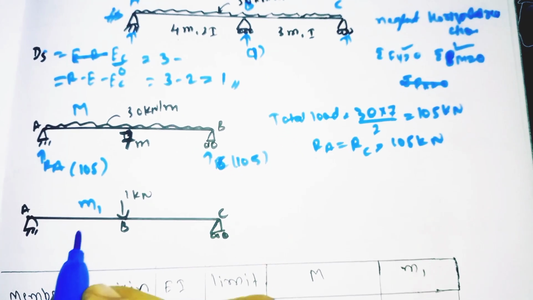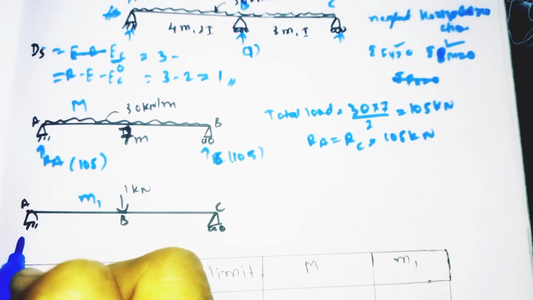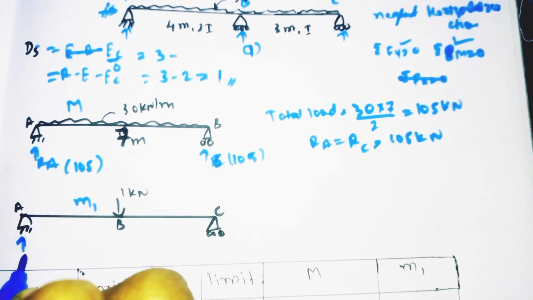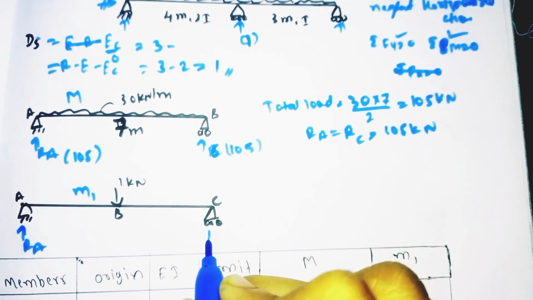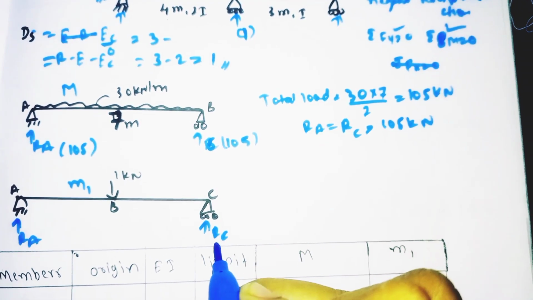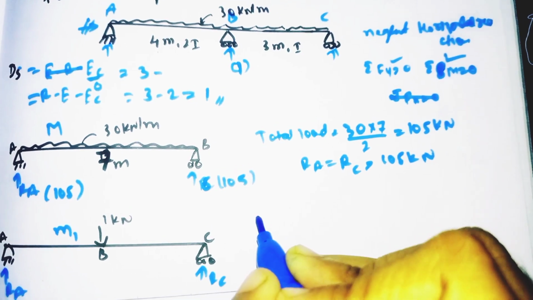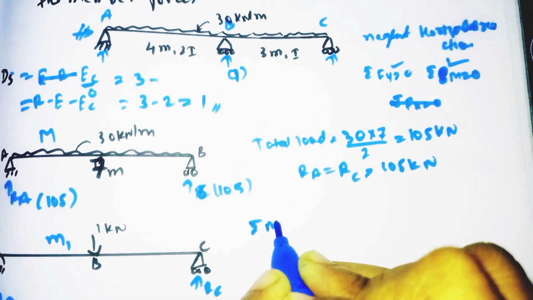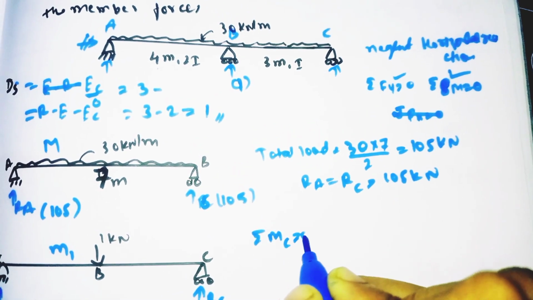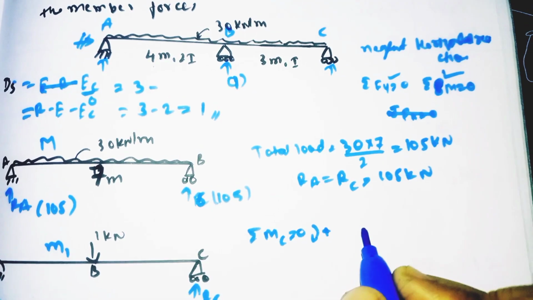Similarly we need to find for M1. This also we need to find the reactions RA and RC. So for this, moment about C is equal to 0, clockwise we take as positive.